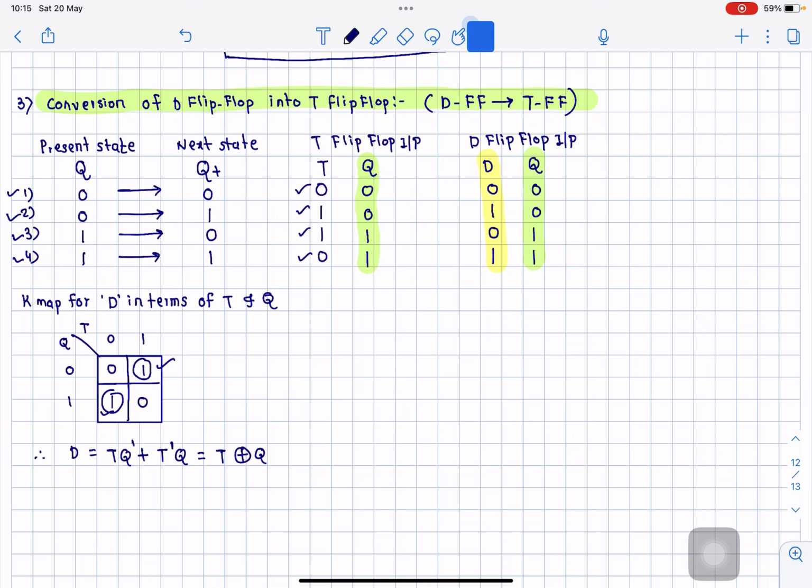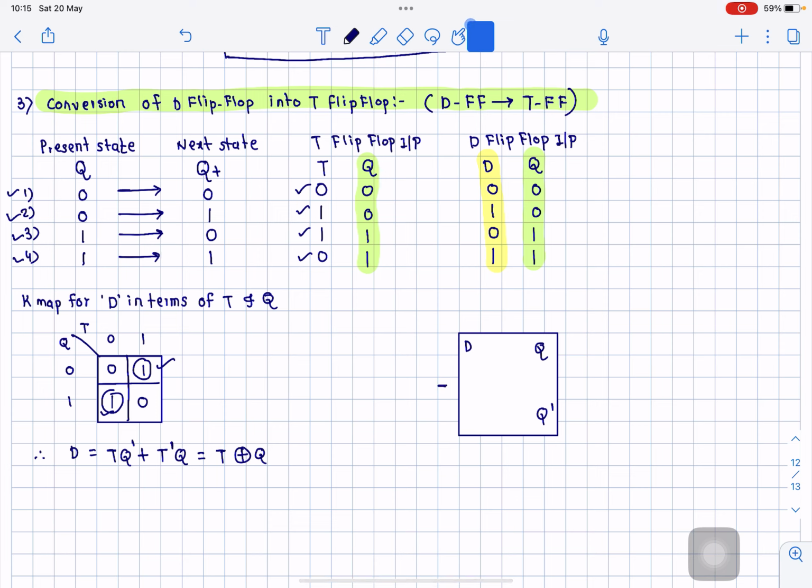Okay, so how will the converted flip-flop, D flip-flop converted into T flip-flop, look? So here I will draw it. This is, let us say, the D flip-flop. The outputs are Q and Q dash. Only one input is there, right?